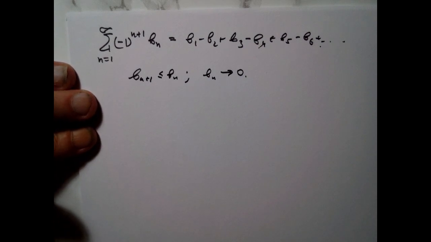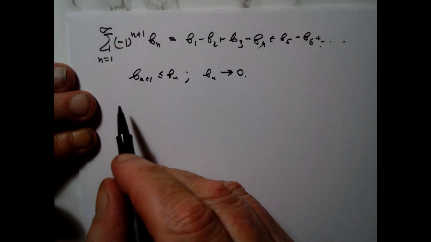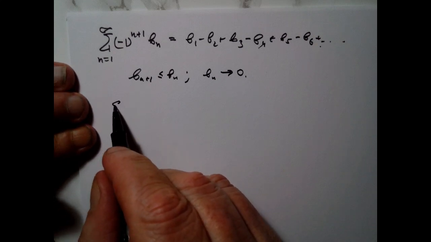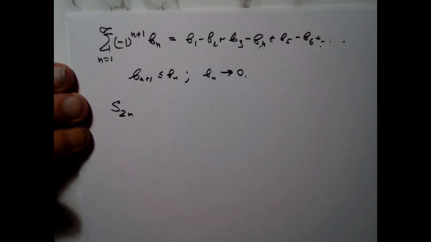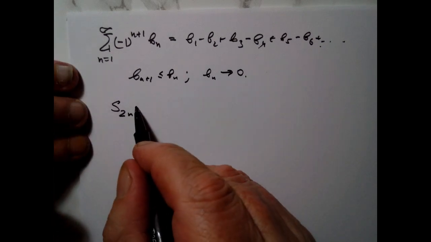So in order to prove the convergence of this series, I have to look at the partial sums, and I'm going to look at two different kinds of partial sums. One of them is S_{2n}. So this is a partial sum with even index. And this will be equal to what?